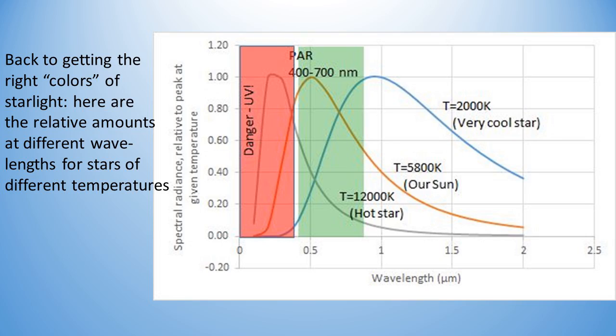Over the range from 0, which is infinite energy, to 2 microns, 2,000 nanometers, that's going into the infrared, I made this plot, and take the middle curve that I have in this diagram.